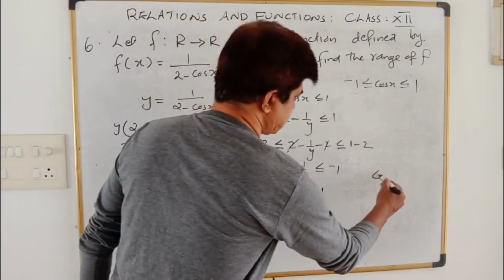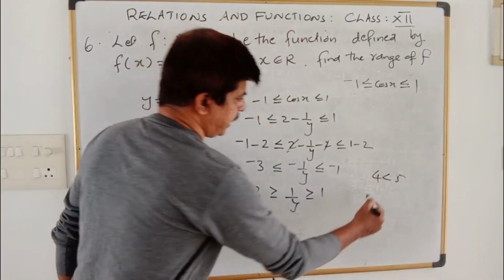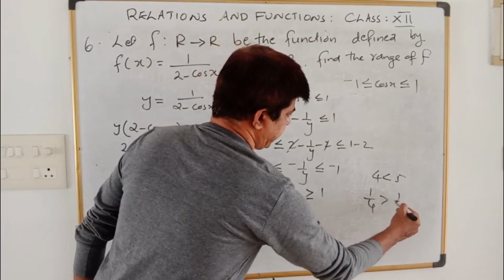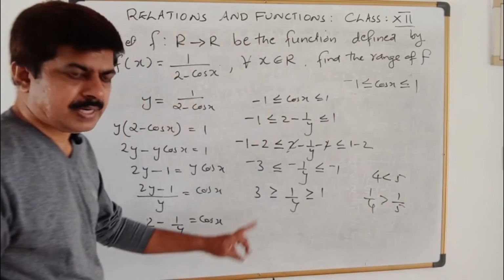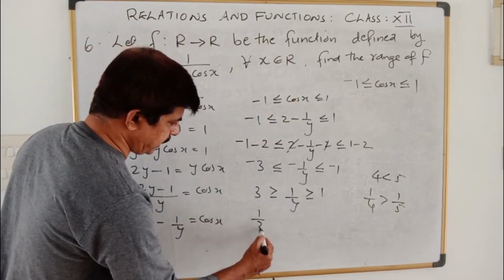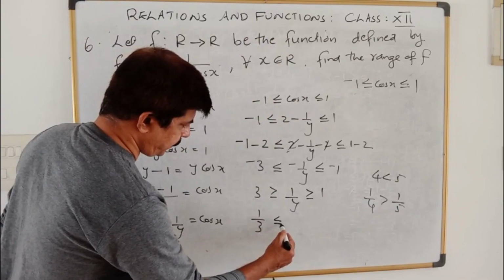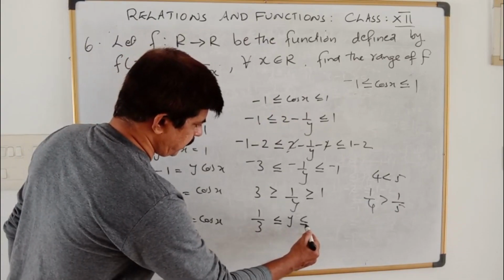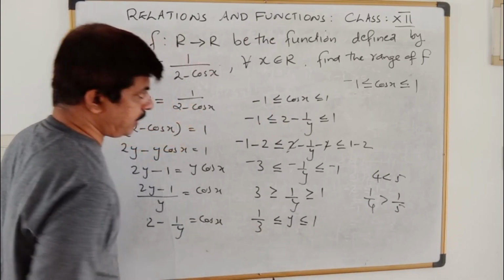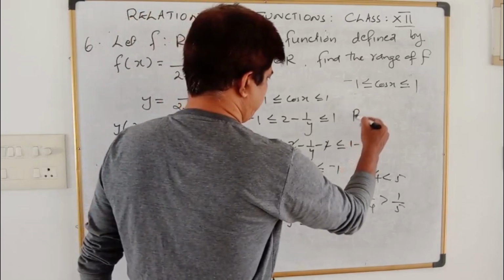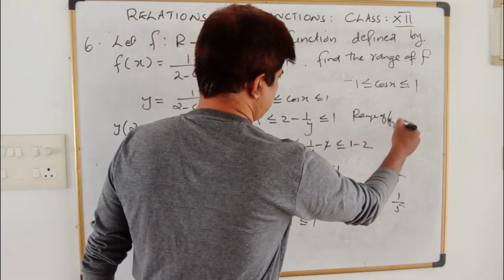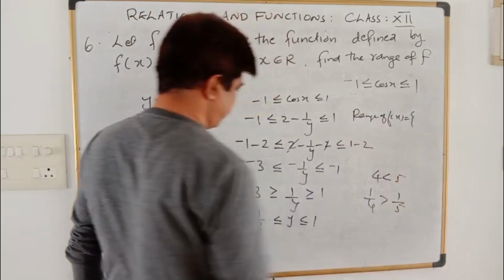For example, 4 is less than 5. When you take the reciprocal, what happens? The inequality will change once again. 1 by 3 less than or equal to y less than or equal to 1. So what is our range? The range of the function f of x is equal to, in the set, you write, okay?